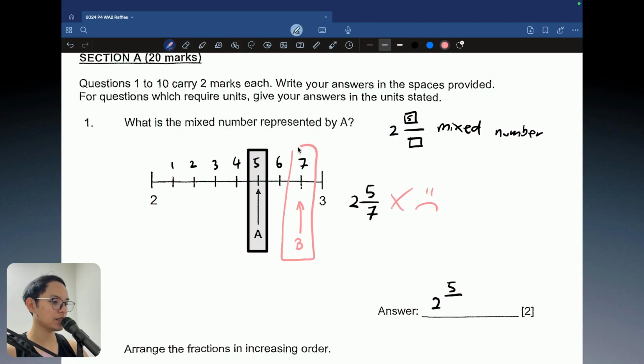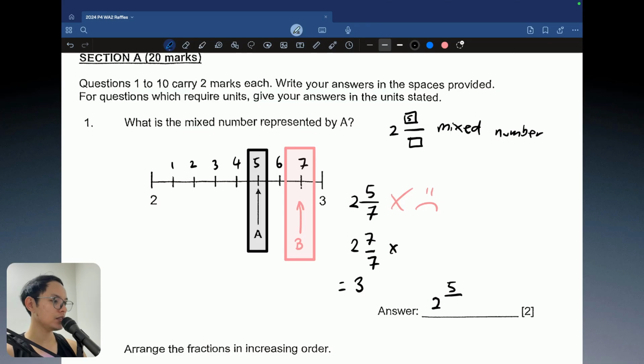This B, right? So you might be saying, oh, it must be 2, 7 out of 7, which is also wrong because 2 out of 7, which is 3. But is this 3? No, it's not.